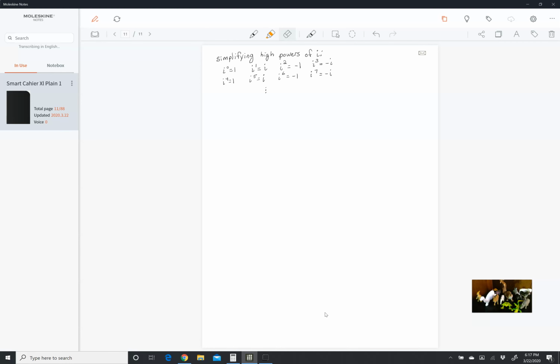Okay, so if we want to know what i to the 281st is, what we're going to do is take the exponent and divide by 4. The reason why we're dividing by 4 is because there are 4 numbers in the pattern, okay?